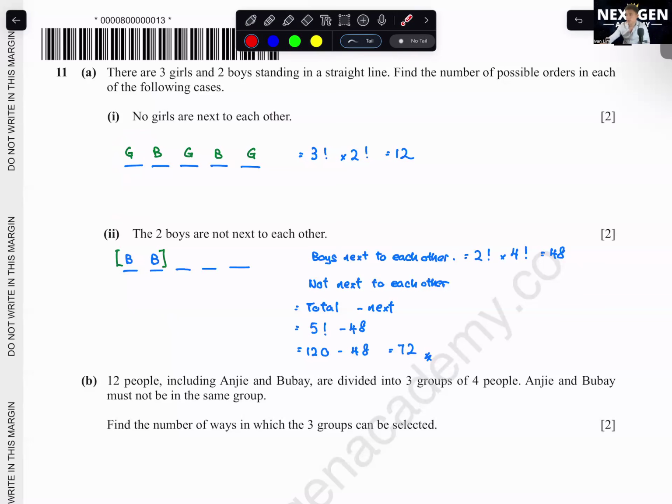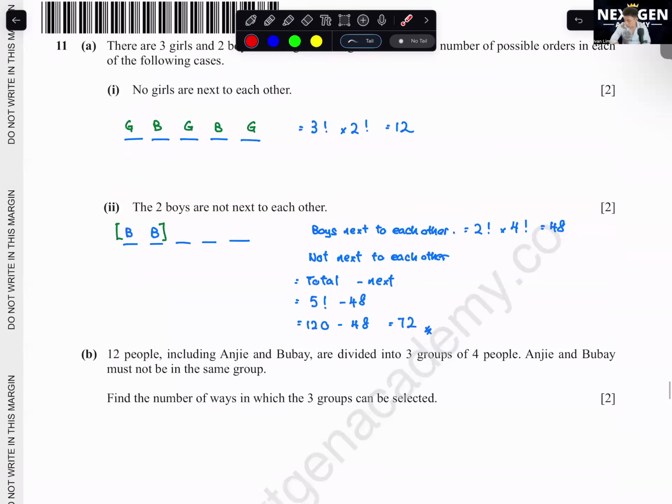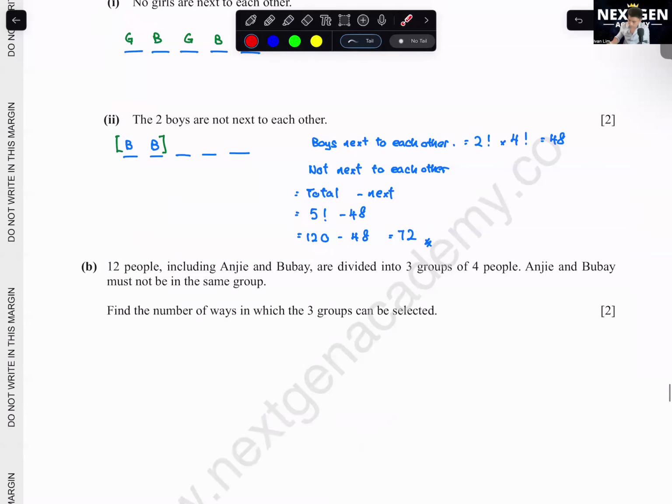All right. The last one. 12 people, including Anje and Babe, are divided into 3 groups of 4 people. A and B must not be in the same group. Find the number of ways in which the 3 groups can be selected. Let's see how to put them into different groups. So you got 3 groups here.